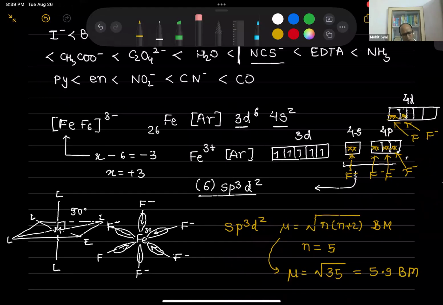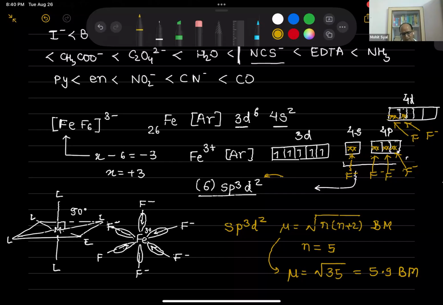And F minus used the outer orbitals for the formation of bonds. Right, this is an outer orbital complex because the d orbitals are the outer 4d orbitals. Is this clear, Jasleen? Is it clear, Aisha, Marwa? Yes, sir.